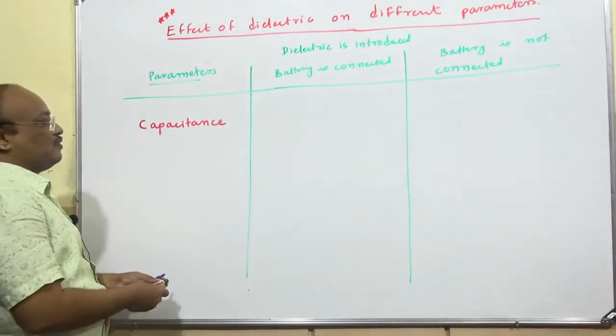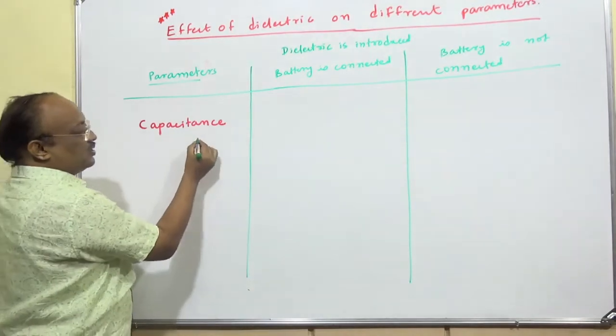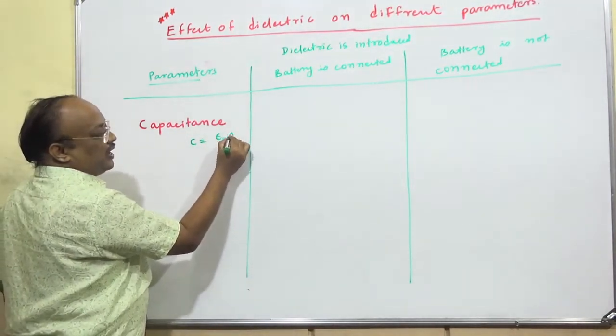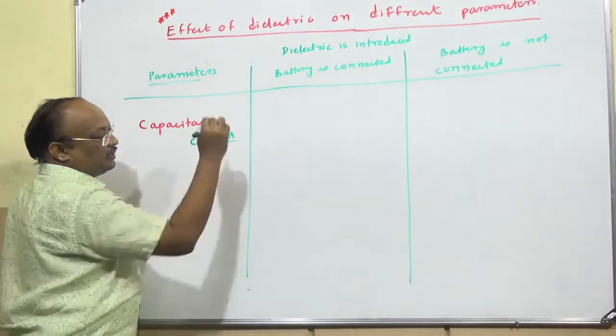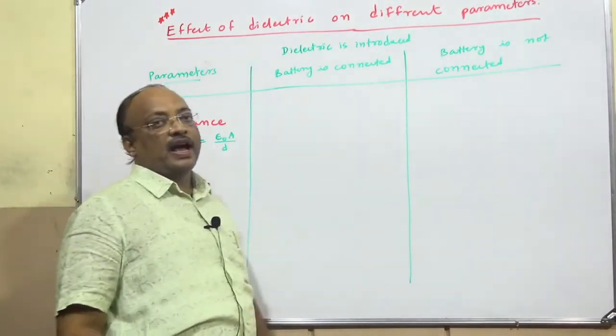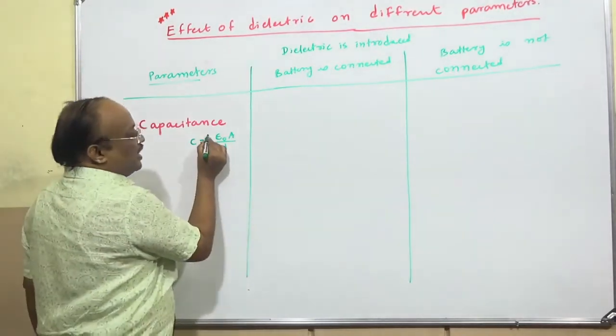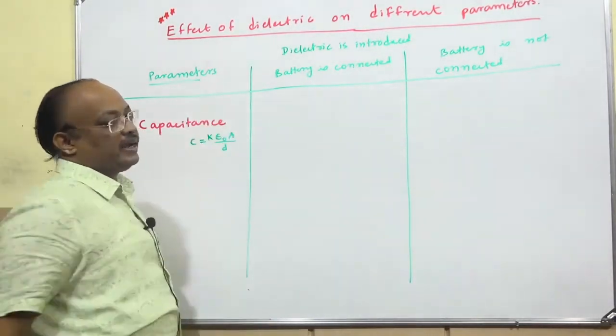What is our formula for capacitance? C is equal to epsilon naught A by D. If dielectric is introduced, what happens? It increases by K times.